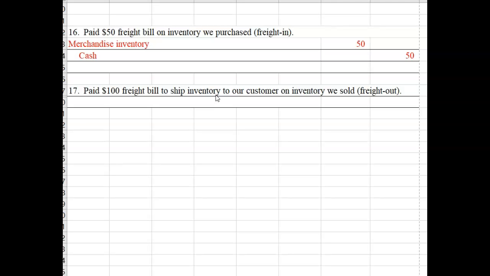Number 17, a $100 freight bill was paid by the seller to ship inventory to the seller's customer. This is a freight out example. How would you record that journal entry?